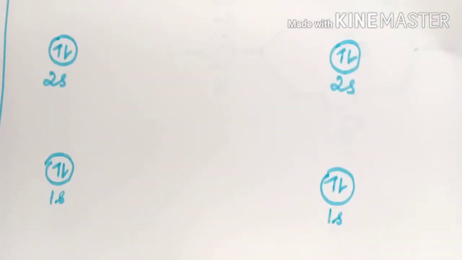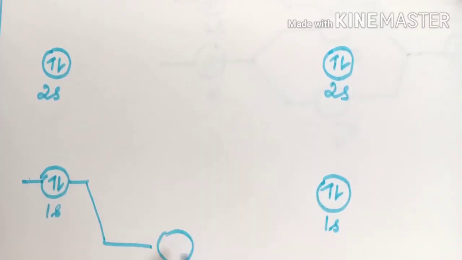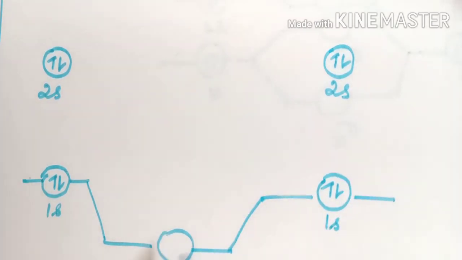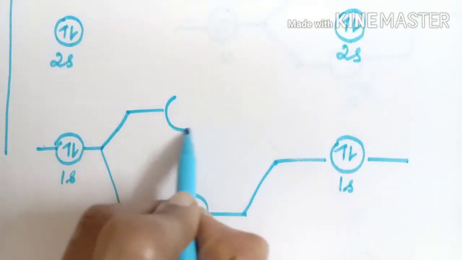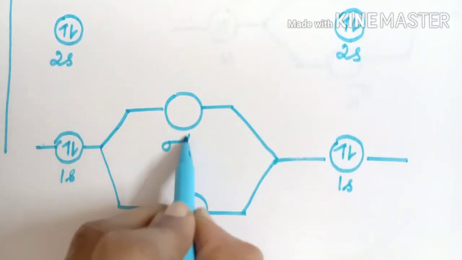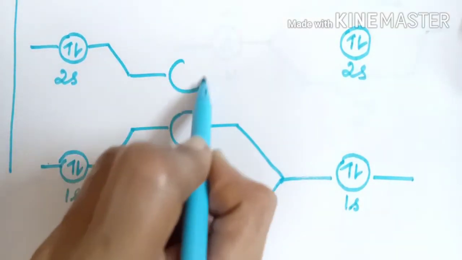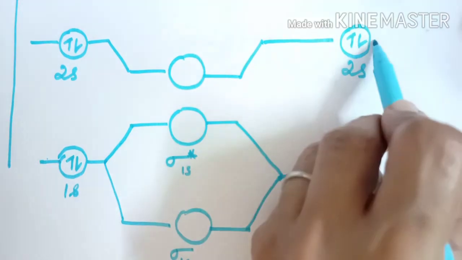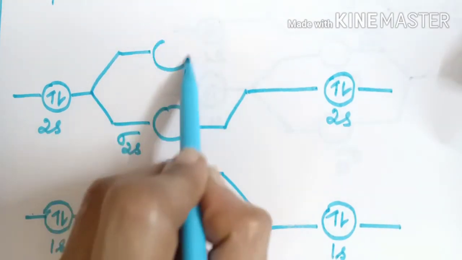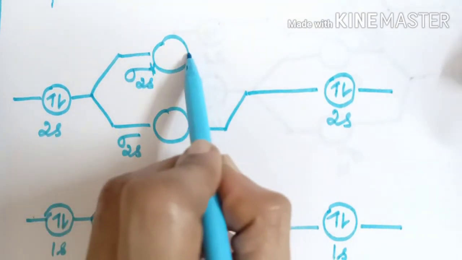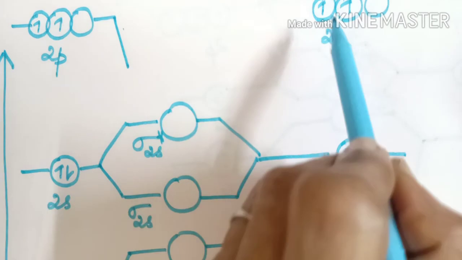When they combine, it results in the molecular orbitals: 1s combining with the second 1s to form the bonding type, that is sigma 1s, and the next one, sigma star 1s, followed by 2s, which forms sigma 2s, sigma star 2s, followed by the next higher level.